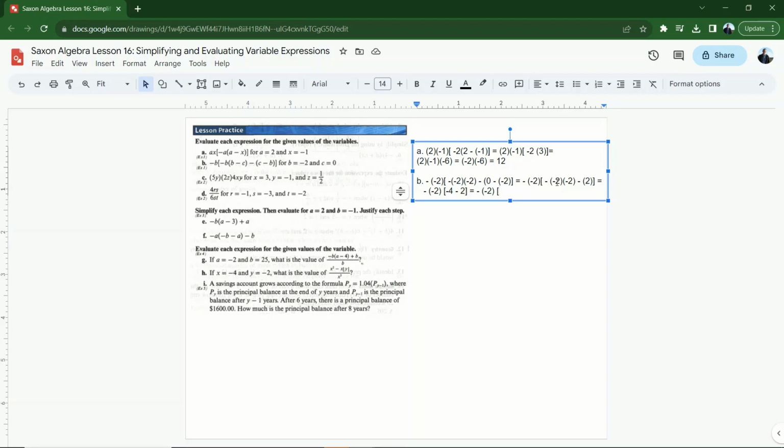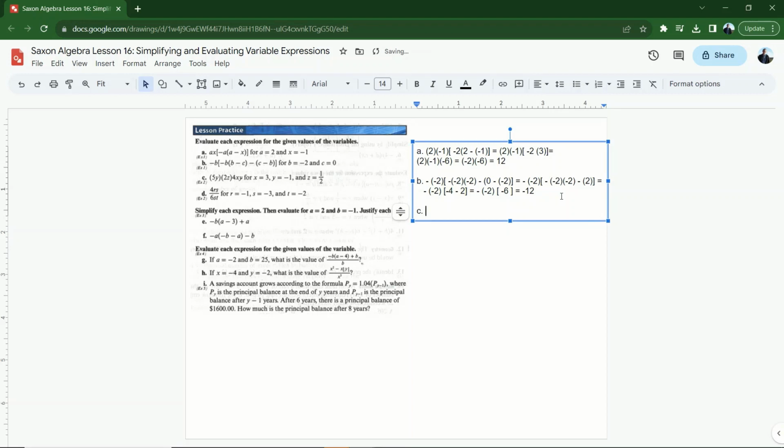So it's going to be -2 times -6. And now I've simplified everything in my inclusion symbols. Now I'm just going to multiply from left to right. Negative times -2 changes the sign to the opposite. So it's going to be +2 times -6 equals -12. And that's my answer for B.